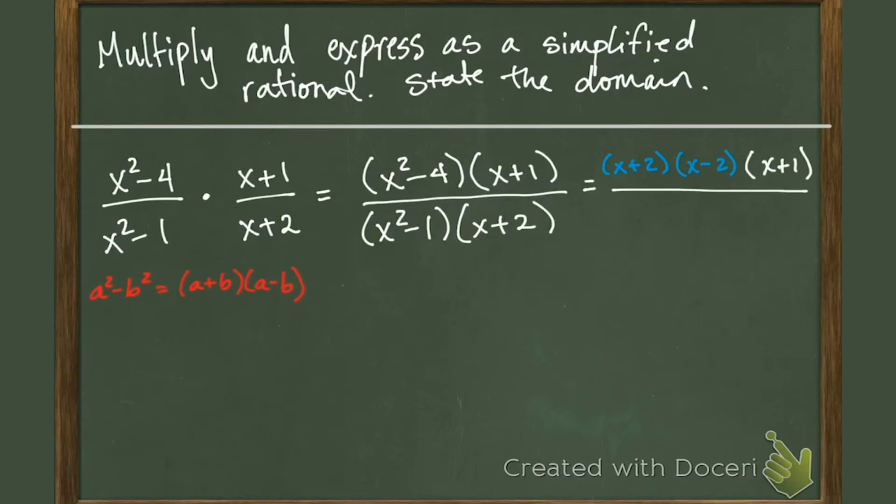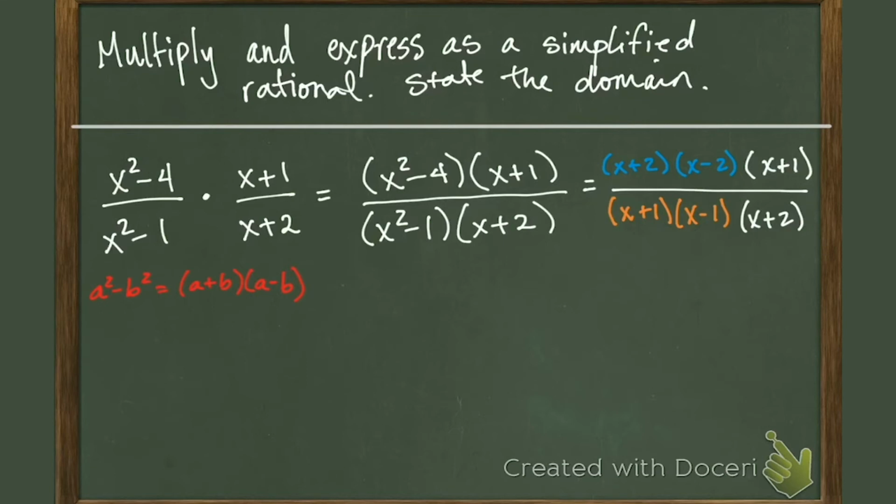And then in my denominator, x squared minus 1 turns into x plus 1 times x minus 1. And then what's left? x plus 2. Now everything's getting multiplied. Everything looks nice and pretty.